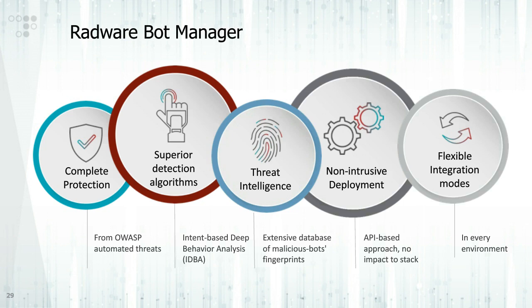The whole point in the whole bot management world is to understand what the intent of the bot is. Scraping from a legitimate and an illegitimate source will look the same. The idea is to understand whether the intent is good or bad. To do that, we mentioned the big data before.